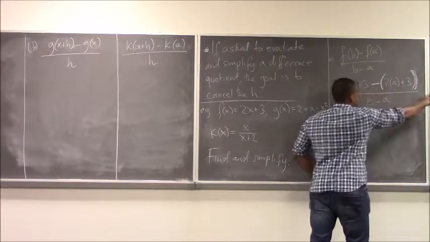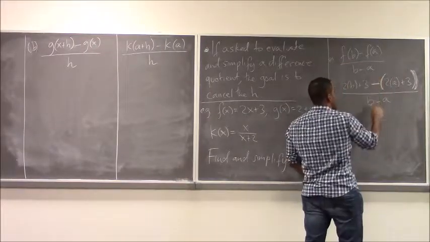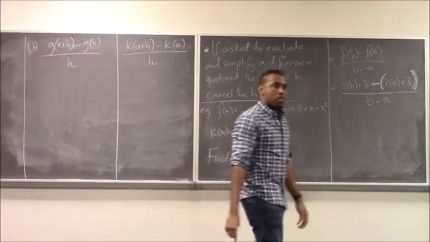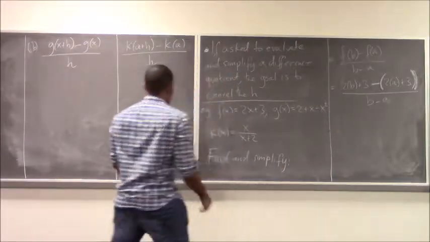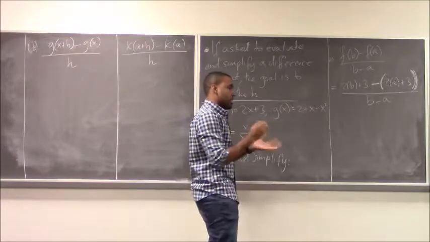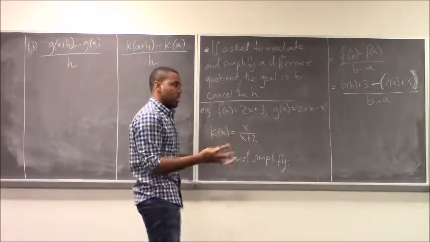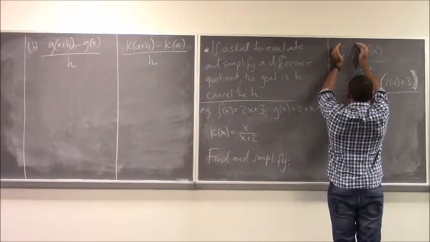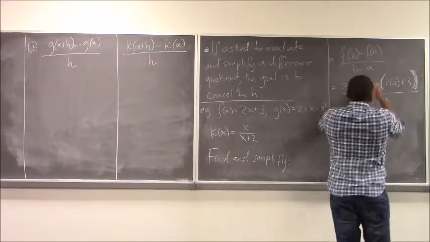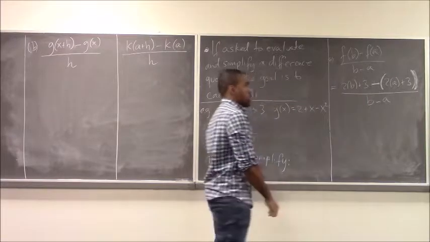Big line, b minus a. Take it piece by piece. Okay? So you will have to know how to evaluate functions in order to put everything together. But once you do know how to do that, just go little by little. Do this part, do that part, and use your parentheses appropriately.